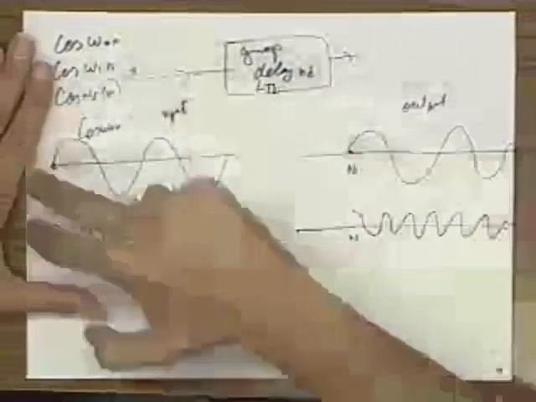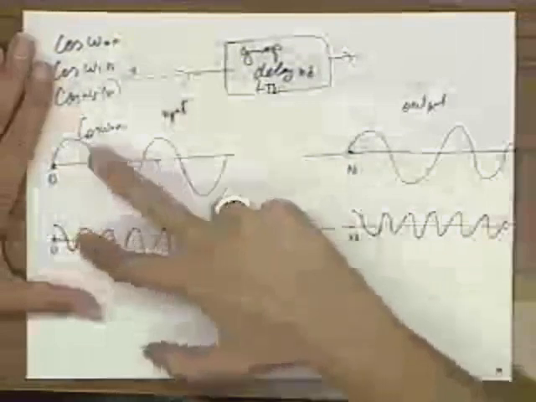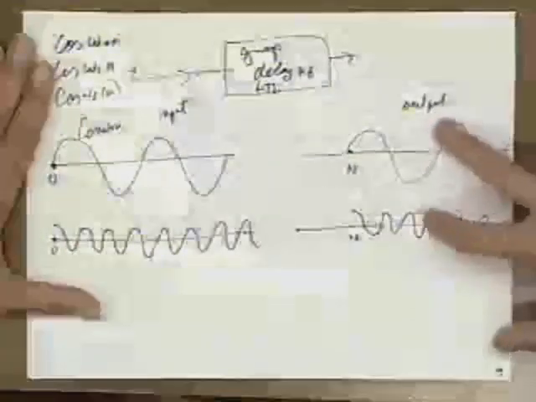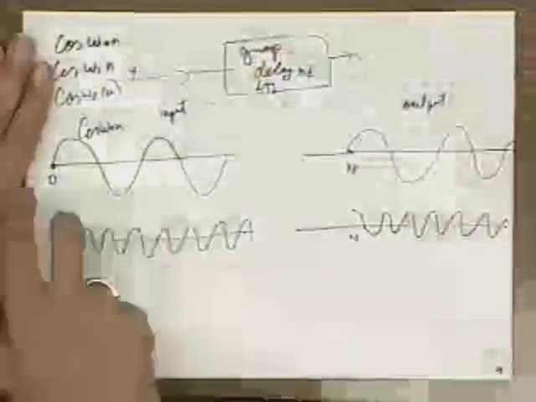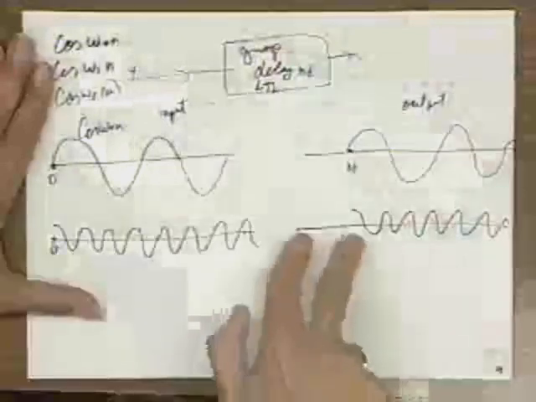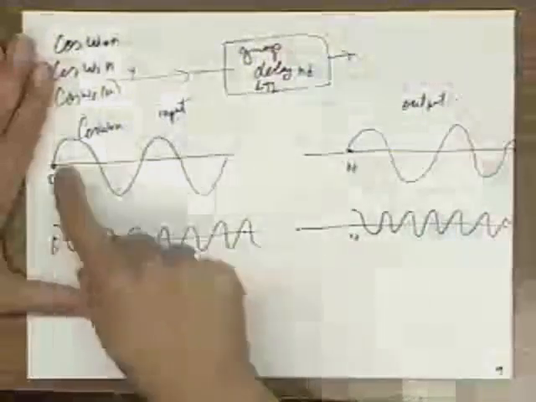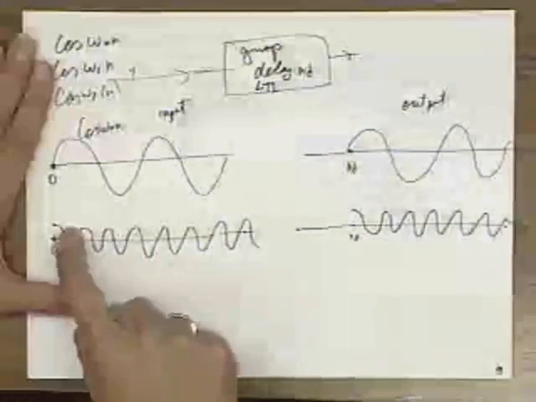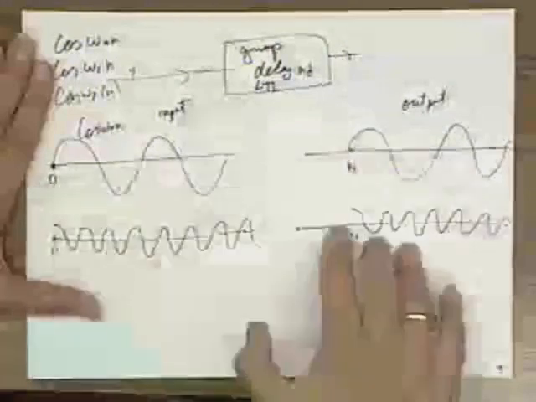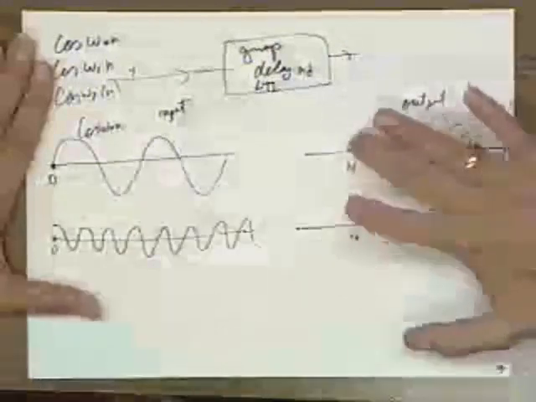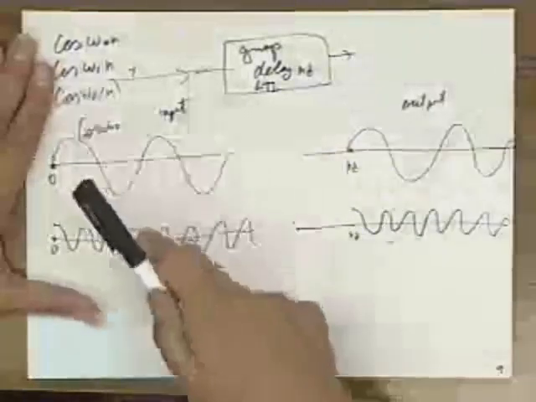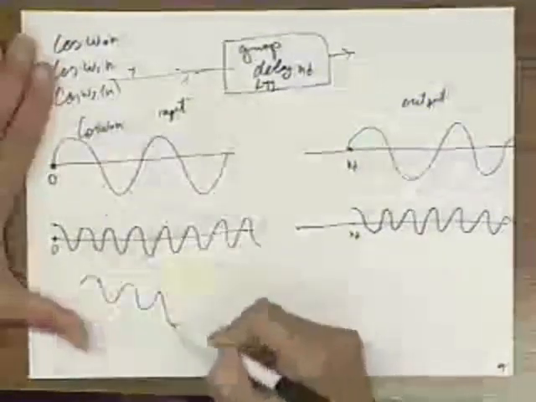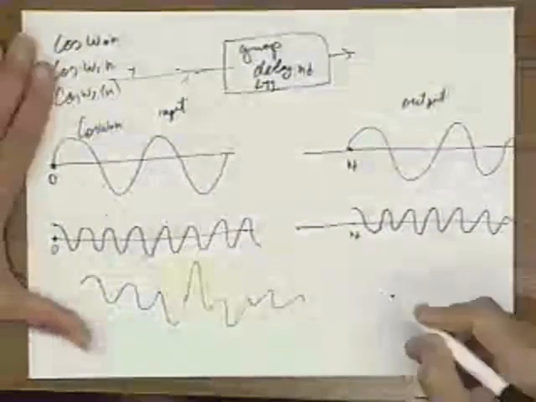Okay? And so if I had the sum of this and this as my input, the phase relationship between these two fixed at the input is the same phase relationship when they come out at the output. Why? Because this system delayed both of them by n sub d. Because both of them got delayed by the same amount, they have the same phase relationship at the output.